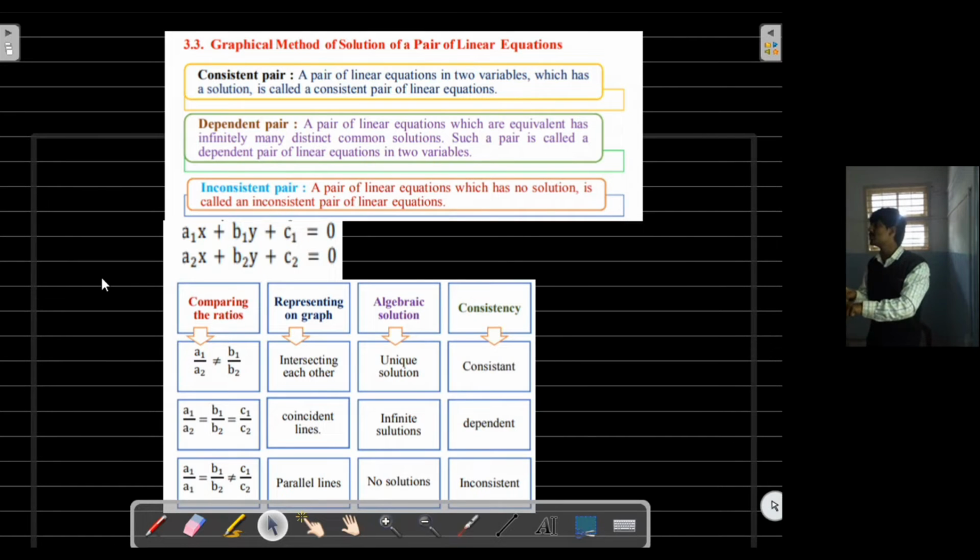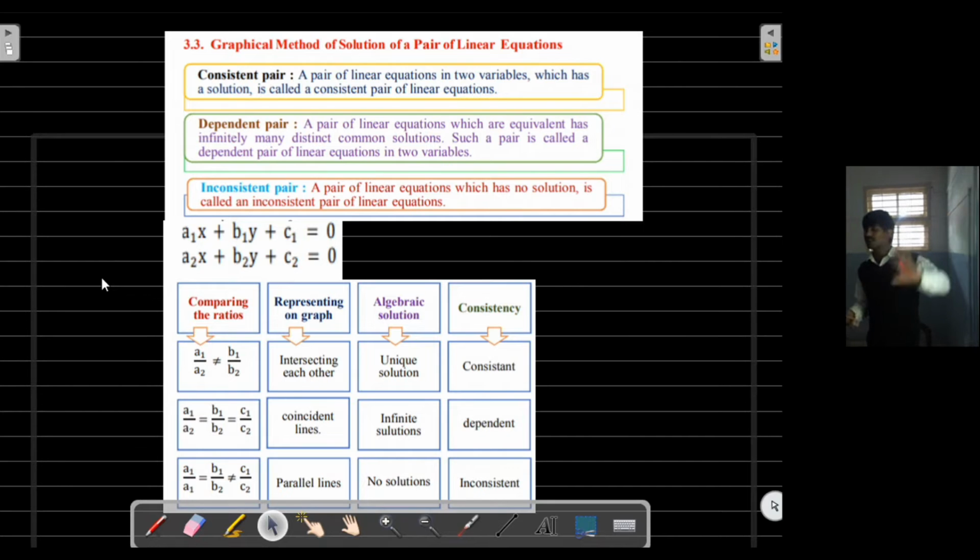Dependent means same solutions; we get coincident lines here. Inconsistent means no solution; the lines are parallel. A pair of linear equations which has no solution is called an inconsistent pair of linear equations.